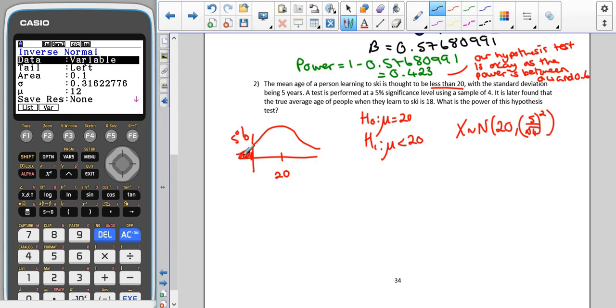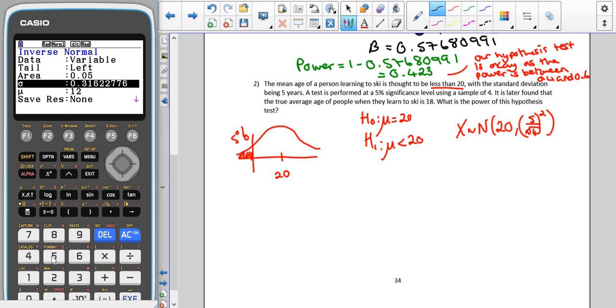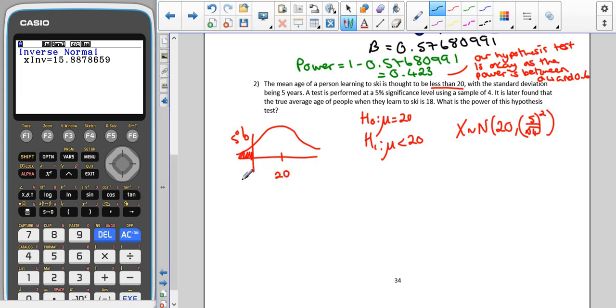So here my tail is going to the left, my area is 5%, so 0.05. My standard deviation is 5 divided by the square root of 4, and my mean is 20, which means that this value here is 15.887869.